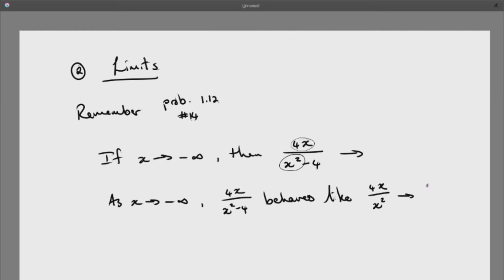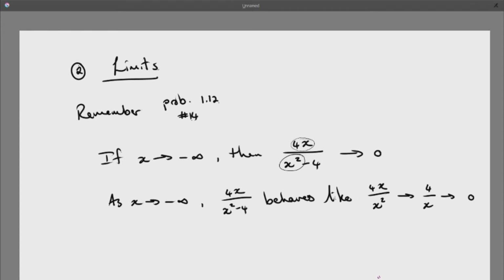This simplifies to 4 over x, and that tells me that as the denominator grows, not the numerator, this is going to shrink in size, and therefore the original function will shrink in size as well. So that's how we handled that kind of long-term behavior question.